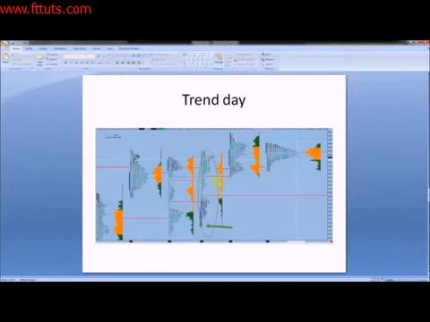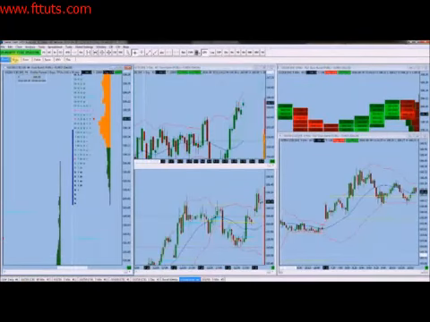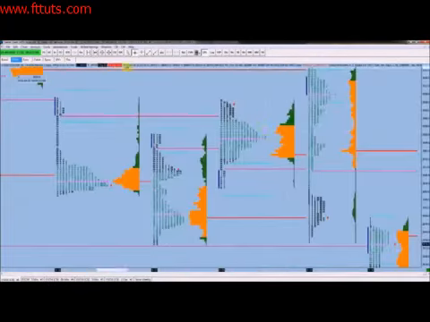Okay, it would be that sort of trend that you're looking for. So in terms of maybe the Eurostoxx has got a good example.